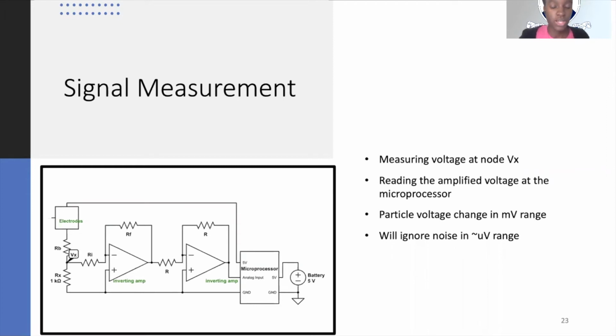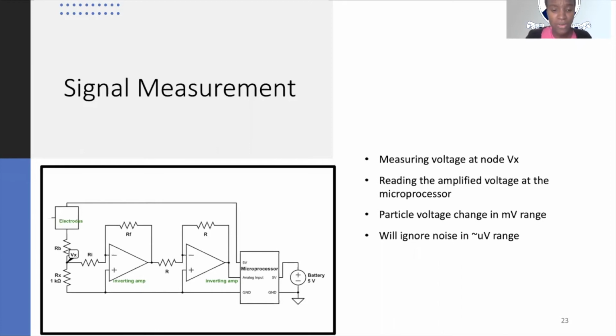So what do we measure here? We measure Vx. That voltage is amplified through the two amplifiers. The first one does the amplification that we want so that it's in the volt range, unit range. And then the second amplifier is just to turn the voltage to negative because inverting amplifiers have a negative gain.